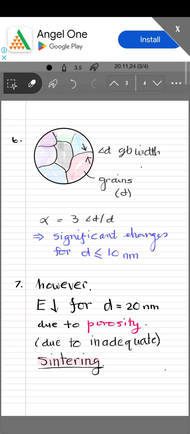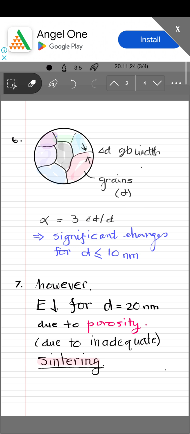So this factor, which is a significant factor in the case of nanomaterials, is significant only when the size of the grains is less than 10 nanometers, because then only this factor becomes significant.